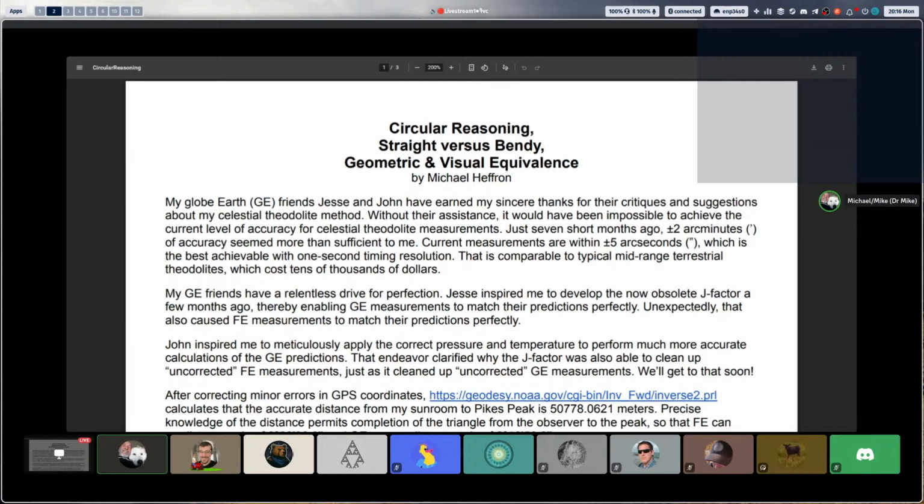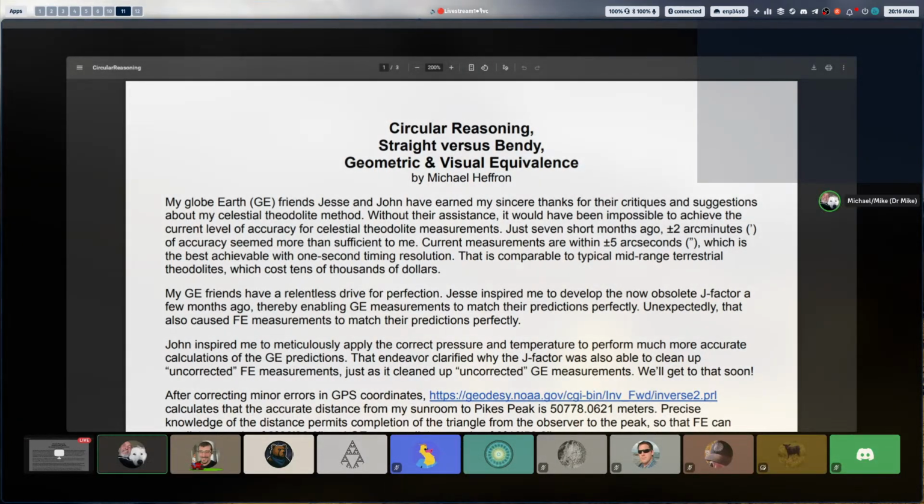Jesse first inspired me to develop the now obsolete J factor, and that allowed me to make globe Earth measurements perfect. Then unexpectedly, when those were perfect, the flat Earth measurements also became perfect. At the time, I didn't know why. But next, John inspired me to correct the pressure and temperature, and so I got really accurate numbers.